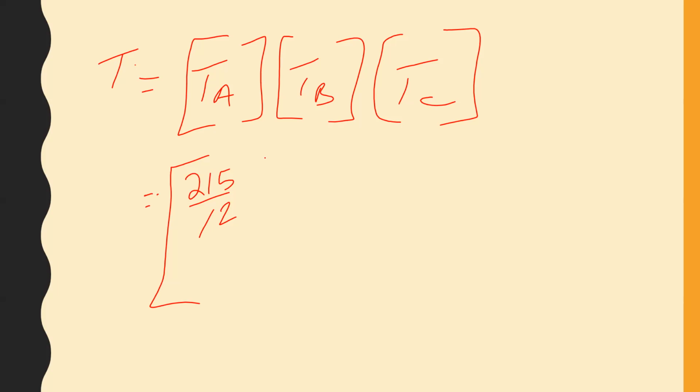Then T12 is 575 over 4. And the next is 71 over 60. And 191 over 20.